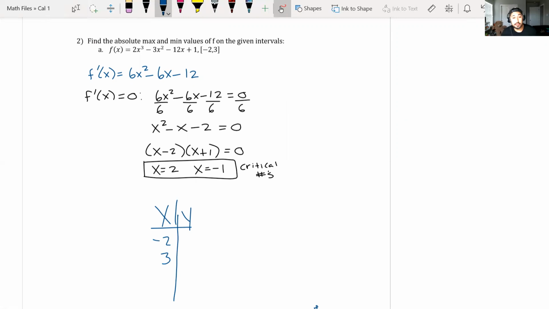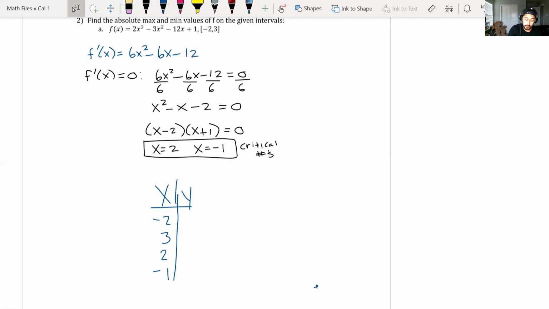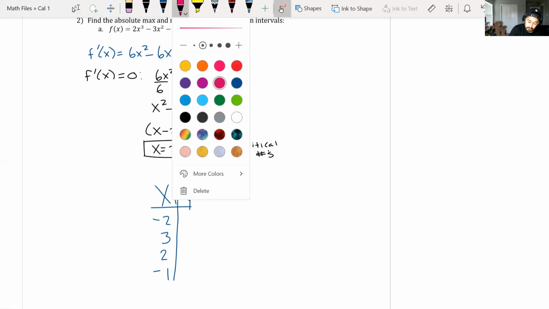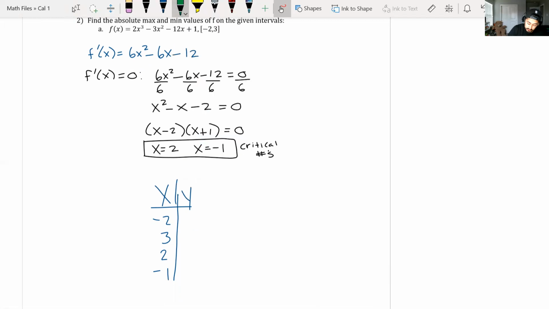Do my critical numbers fit in that interval? 2 fits and negative 1 fits. We're good to go. So I'll put them in. 2, negative 1. And remember, plug these into the original function, right? We take these numbers, and we plug them into f of x.